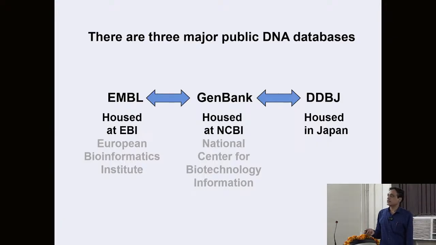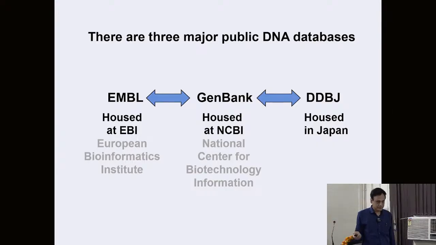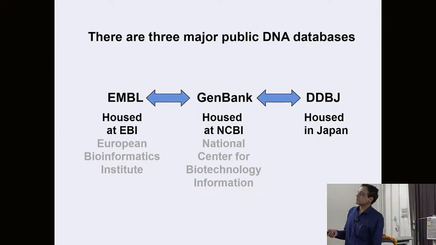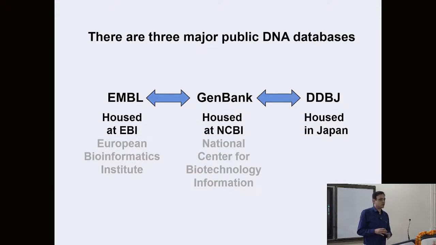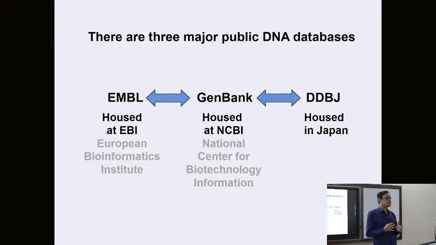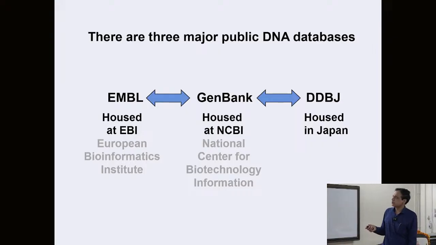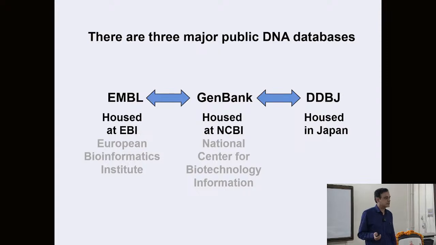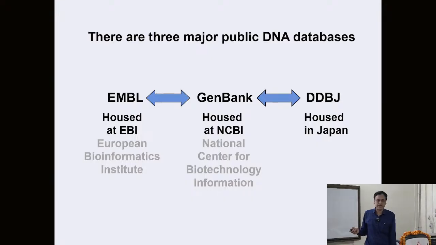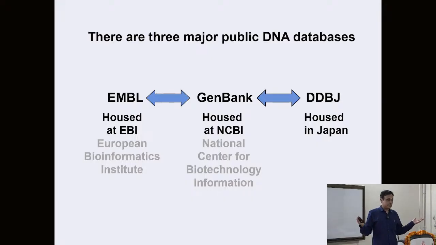And DNA Data Bank of Japan is housed of course in Japan. These databases collaborate and seamlessly share their data with each other. You can go to any of these data banks and access DNA and protein data, but we will focus mainly on GenBank or the NCBI database.